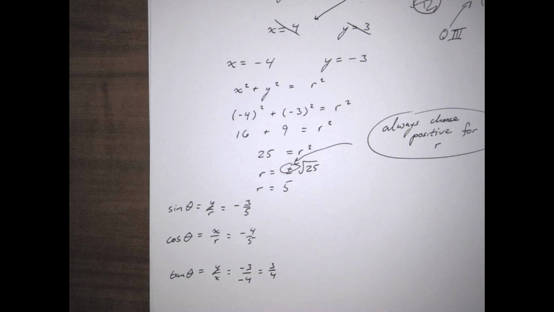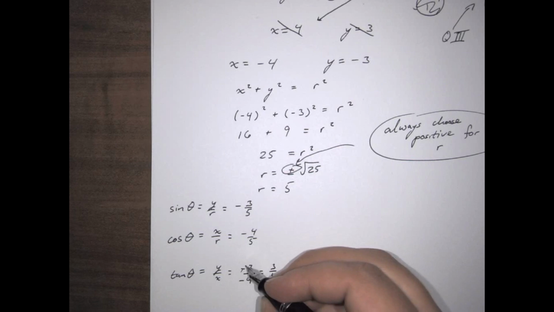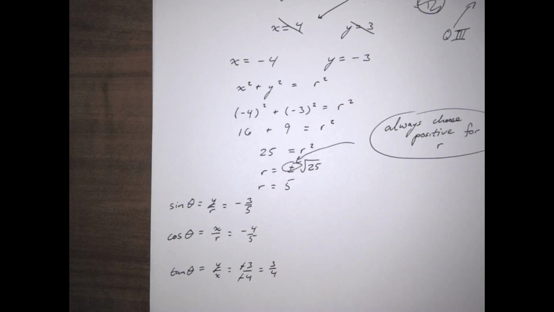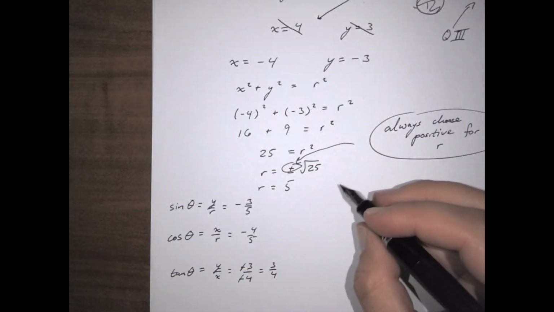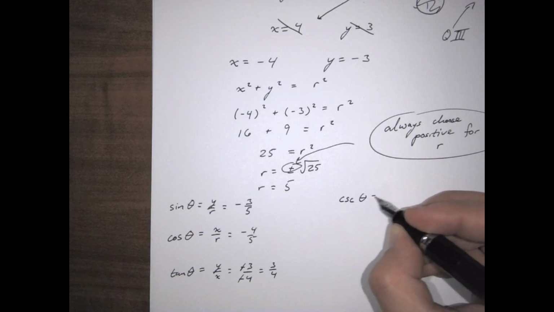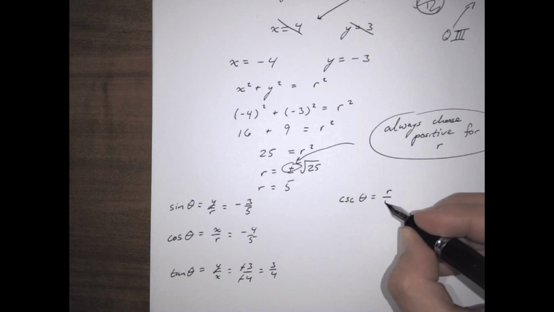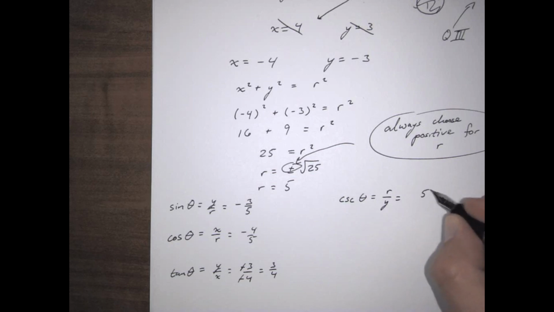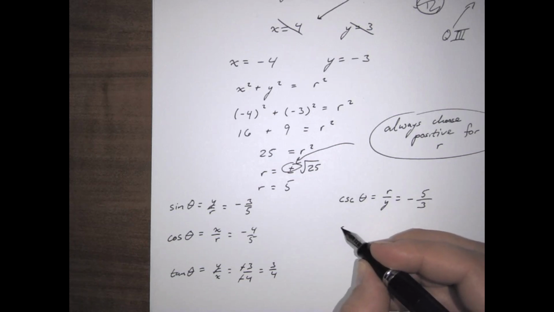And again, that's the kind of thing that we were counting on, was that negative would cancel negative, so we needed to juggle the positives and negatives to make it work out correctly here. And cosecant theta, so that's equal to r over y, which would be 5 over negative 3, and again we'll just write the negative in front in the usual fashion.